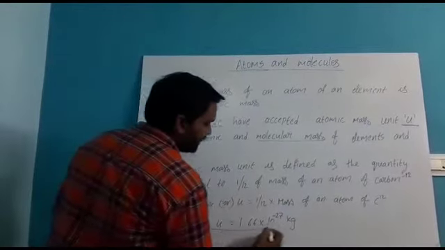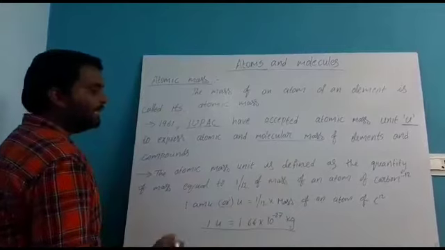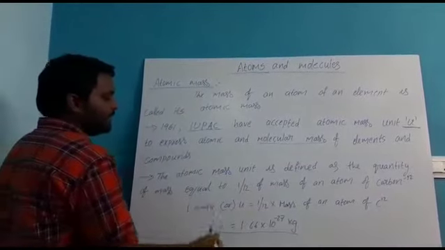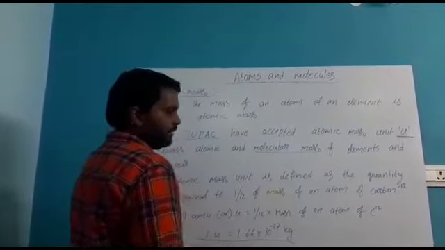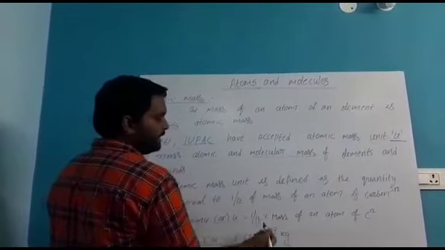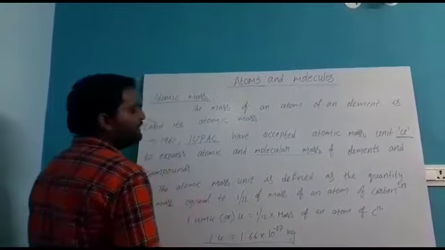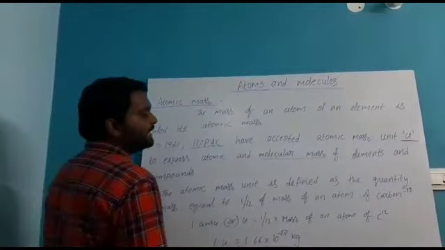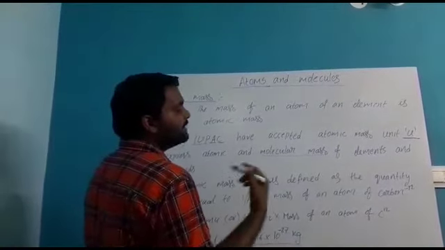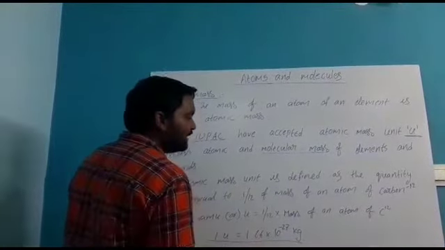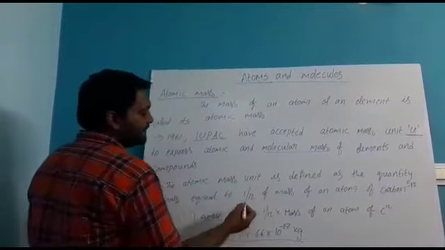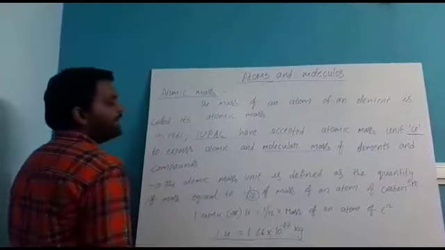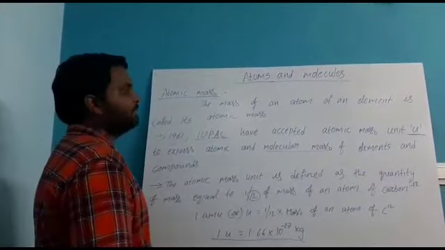It is very important. What do we consider as the standard for the atomic mass unit? The carbon atomic mass, 12 grams, so 1/12 of the mass of an atom of carbon.